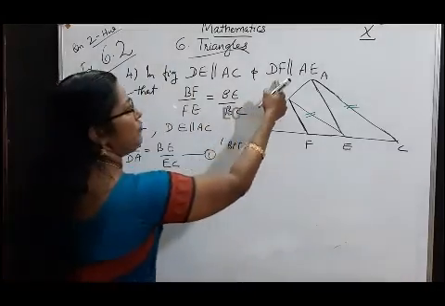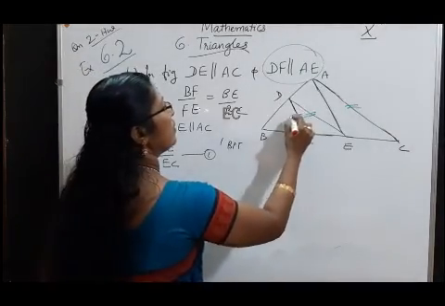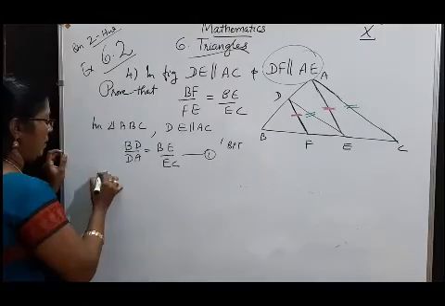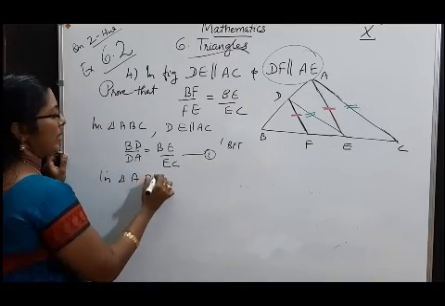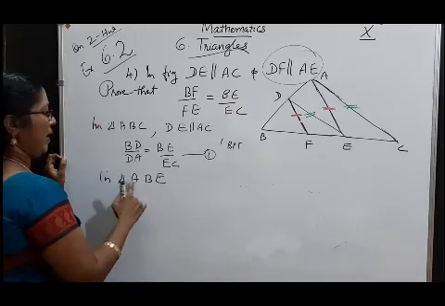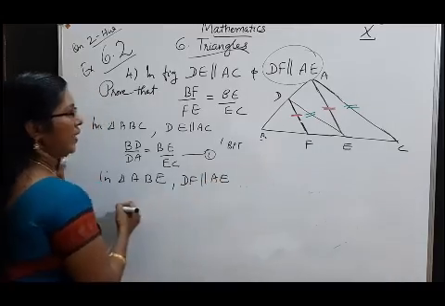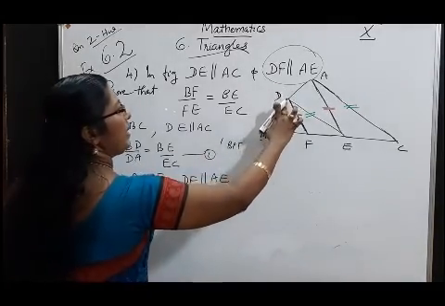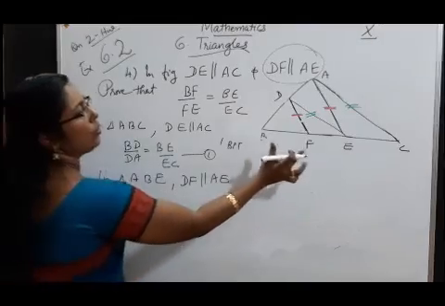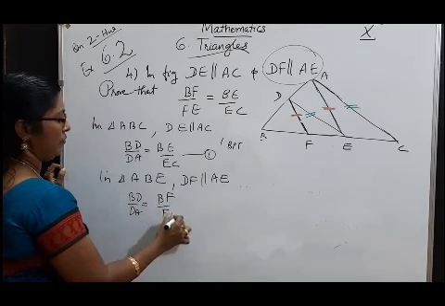Then DF is parallel to AE. In triangle ABE, DF is parallel to AE, so we can write BD by DA equals BF by FE.